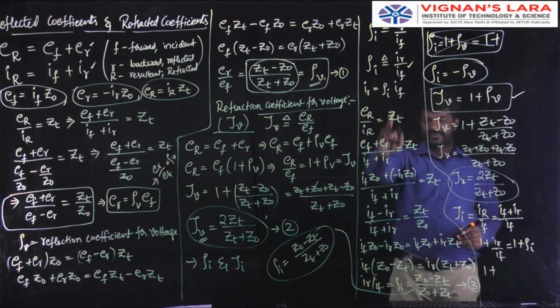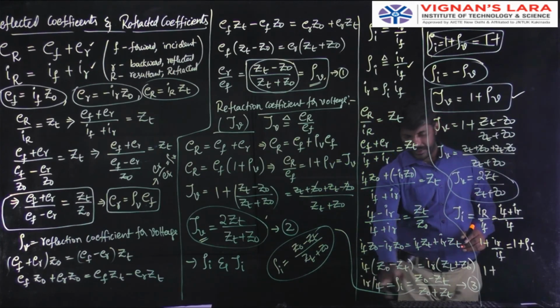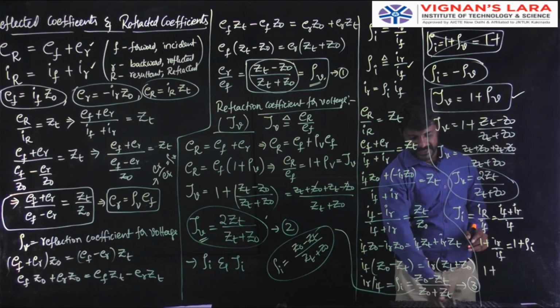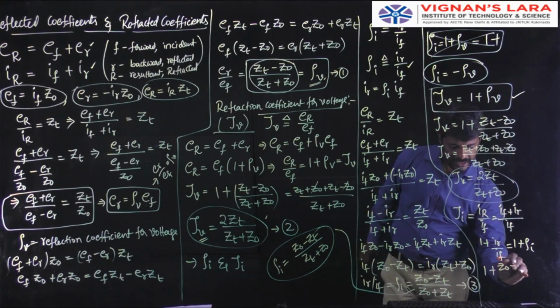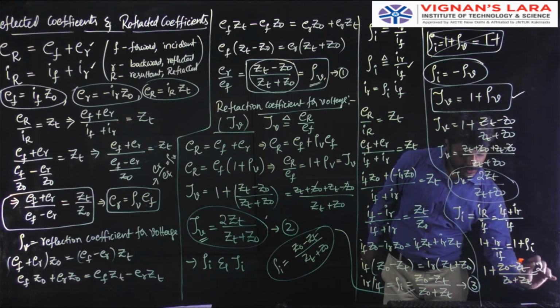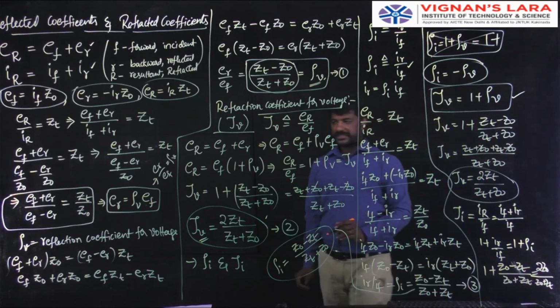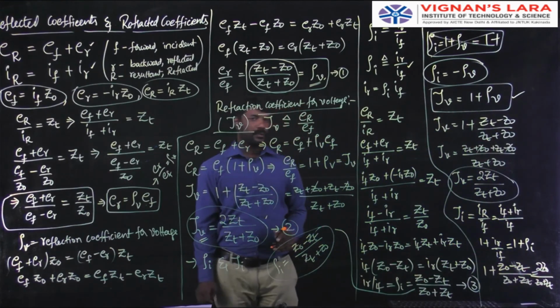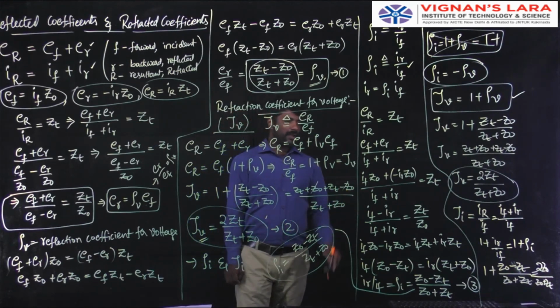Rho I I have defined here as Z0 minus ZT by Z0 plus ZT. If you simplify it, you will get 2 Z0 by Z0 plus ZT. Finally, we get that tau I value as 2 Z0 by ZT plus Z0.